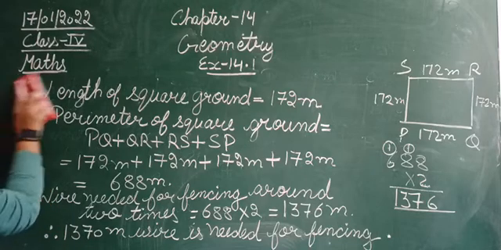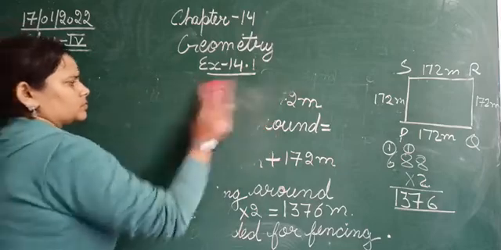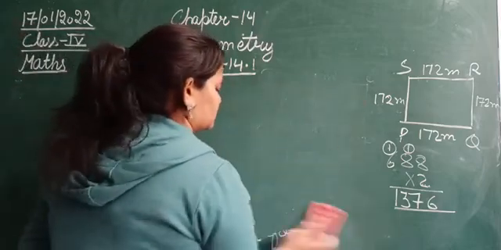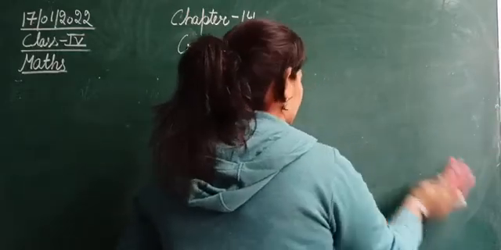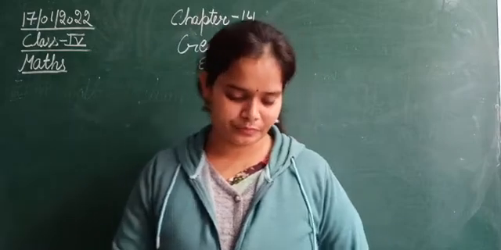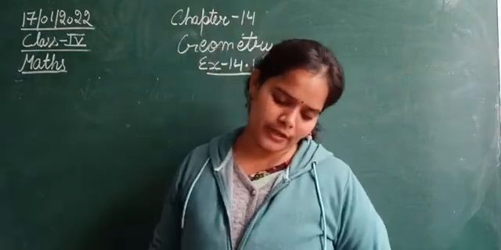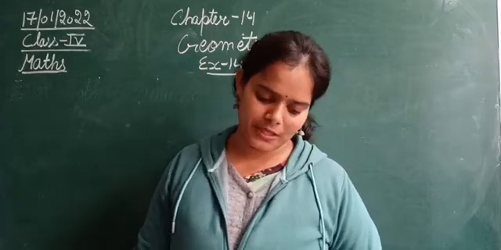Moving next to the question number 8. The question number 8 is, the length and the breadth of a rectangular playground are 116 meters and 77 meters respectively.